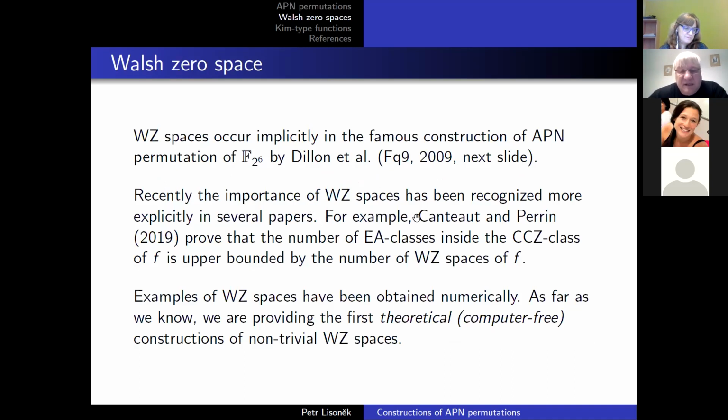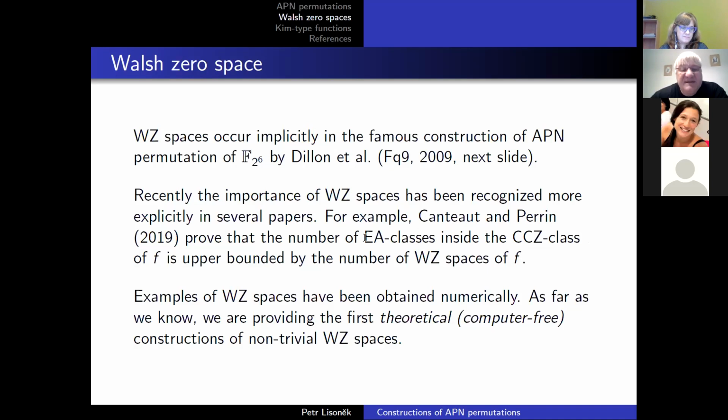So there's, for example, a work by Anne Canteaut and Léo Perrin, where they associate these Walsh zero spaces that I just defined with the partitioning of CCZ classes of a function into extended affine equivalence classes. These are two kinds of equivalences on the cryptographic function. CCZ means Carlet, Charpin, and Zinoviev.